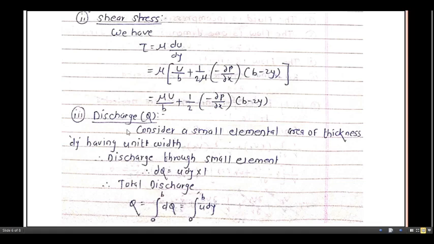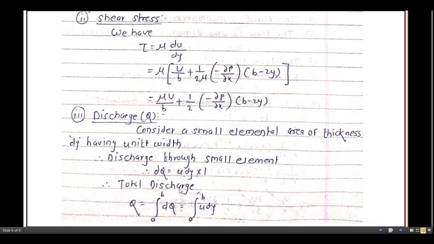In the next step you can get the discharge. For that, consider a small element area of thickness dy having unit width. So for the discharge through the small element, dq equals u into dy multiplied by 1, where this indicates the area.